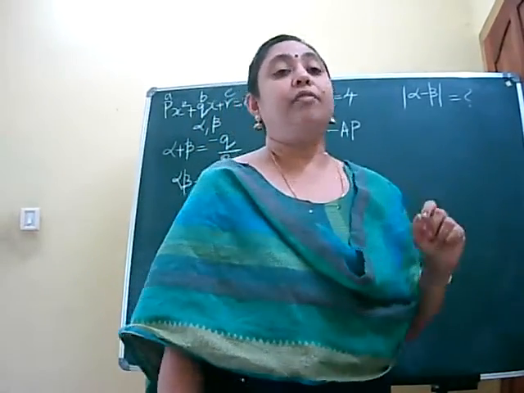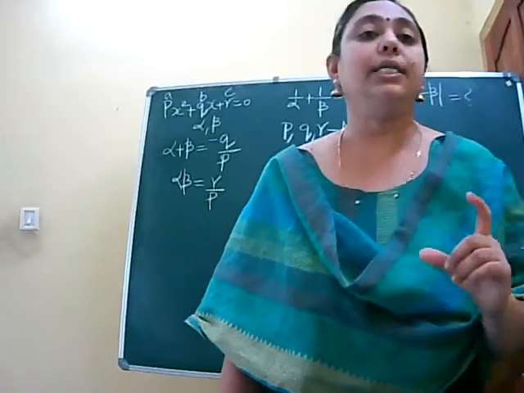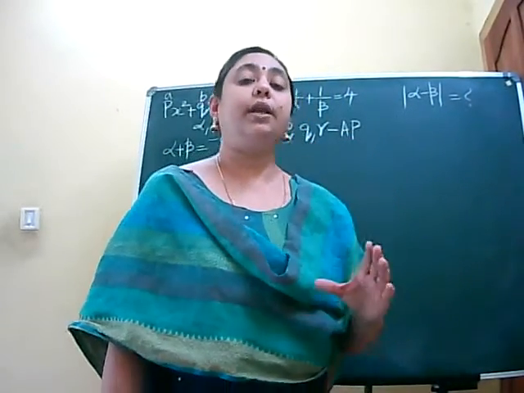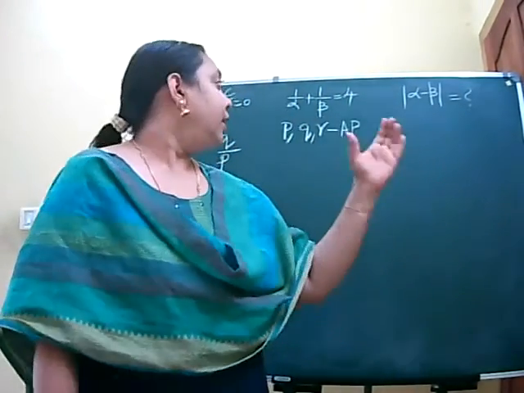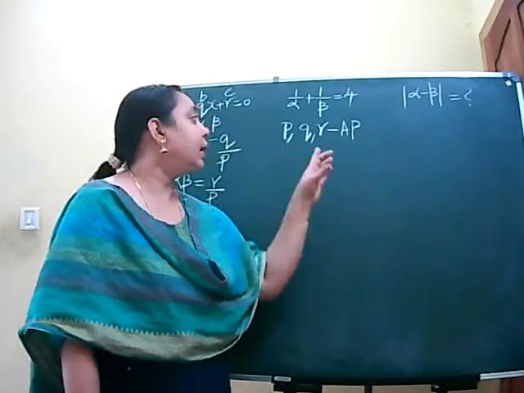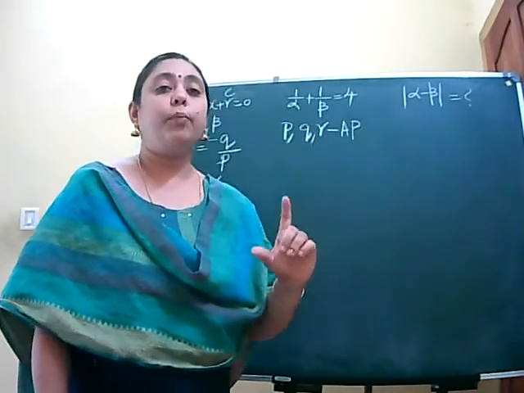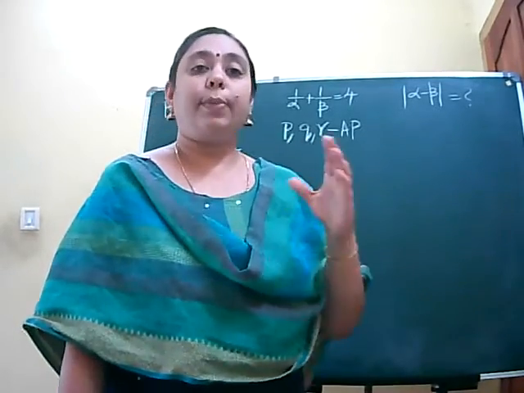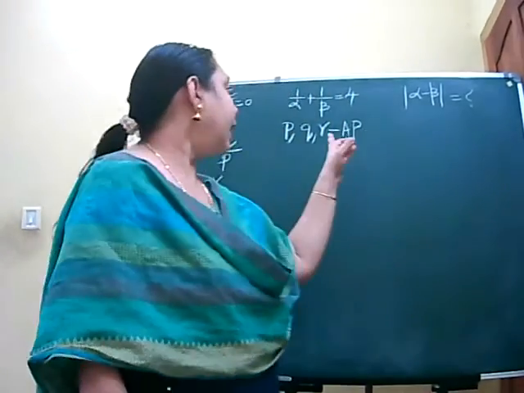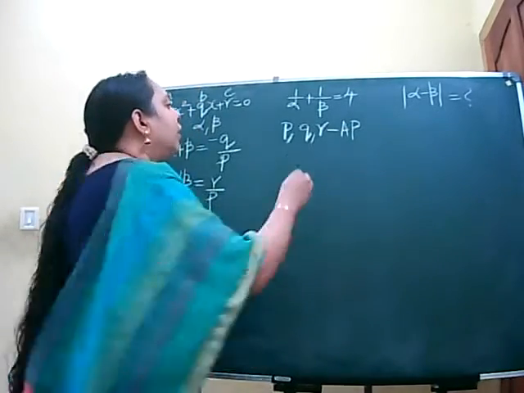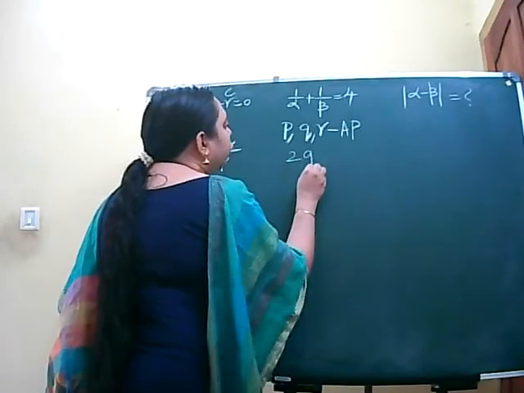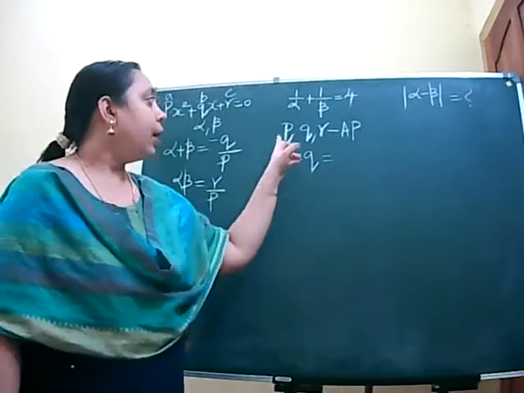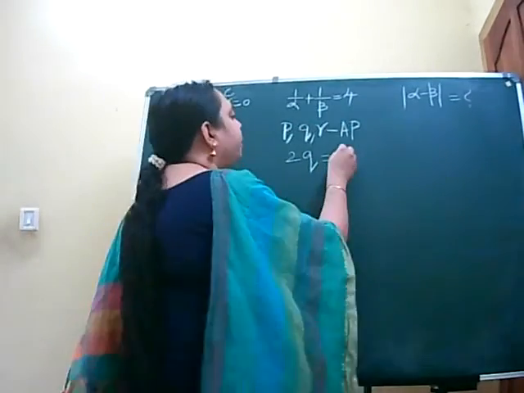When three numbers are in arithmetic progression, 2 times the middle term is equal to the sum of the first and last term. So applying that property here, 2q is equal to p plus r.